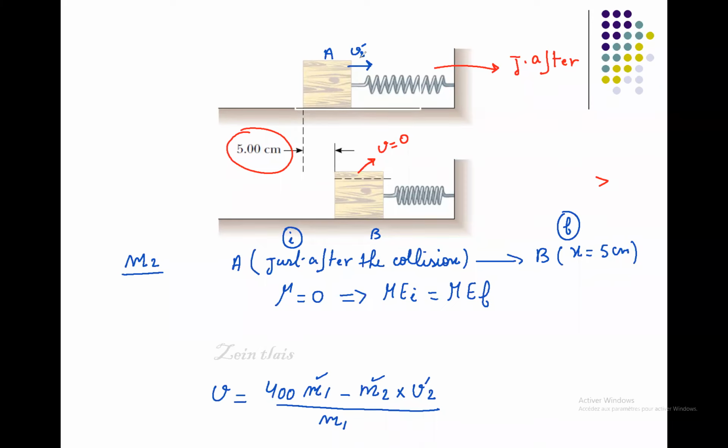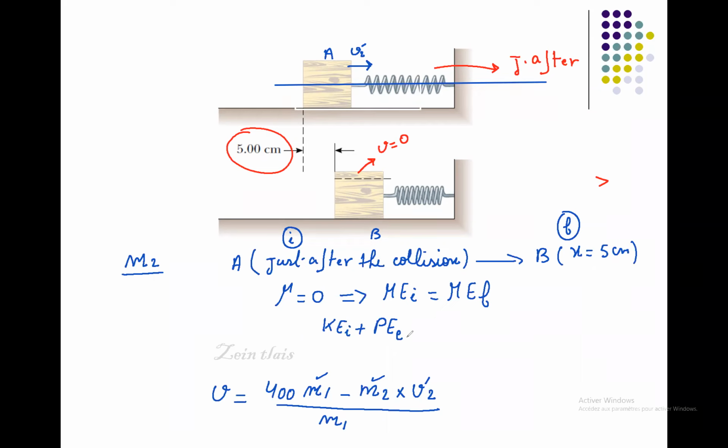Between this point just after the collision and the final point, initially we have kinetic energy plus, be careful, elastic potential energy. We don't have h between the initial and the final point, so I don't need to write PEG, gravitational potential energy. I take only the elastic potential energy.